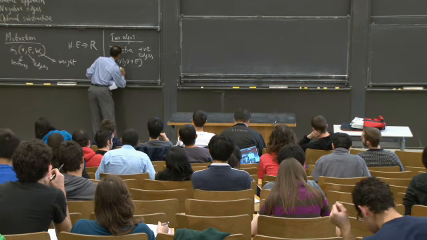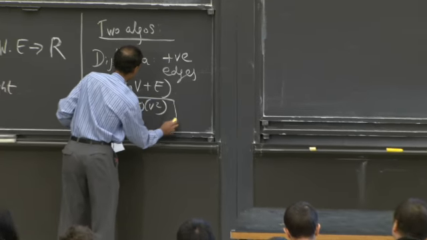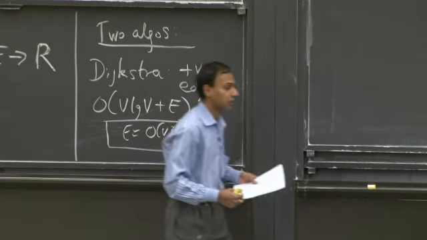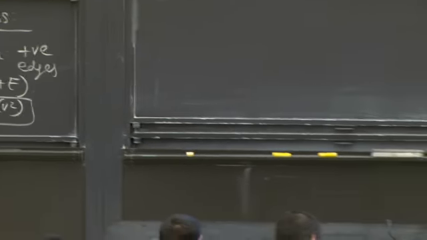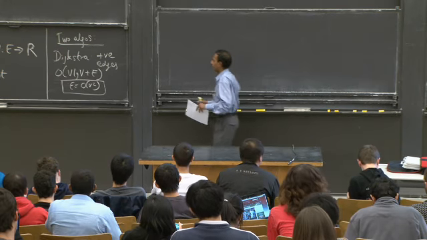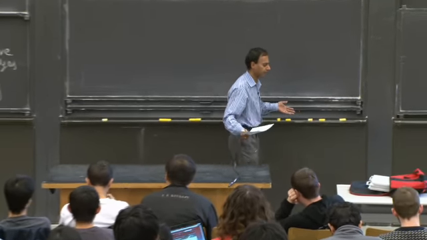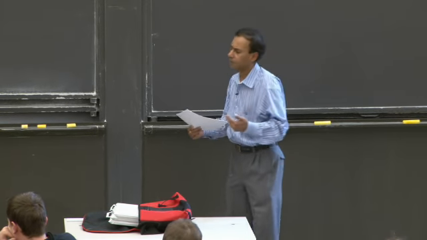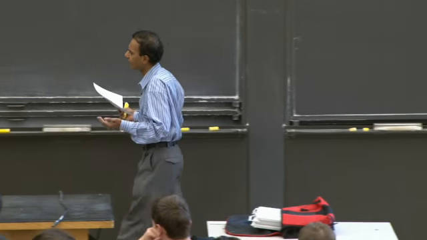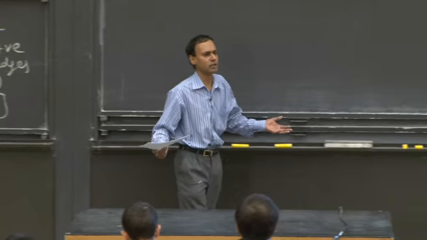So you can think of E as being order V squared. Now you can imagine a complete graph. A complete graph has an edge between each pair of vertices, and that's where you'll get E being theta V squared.